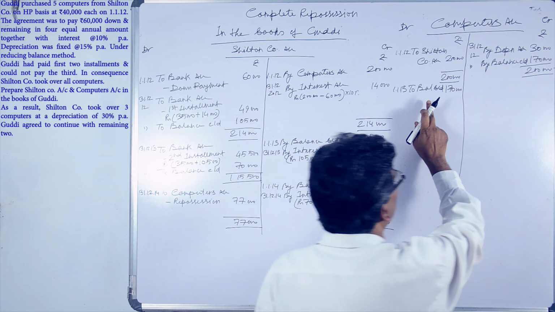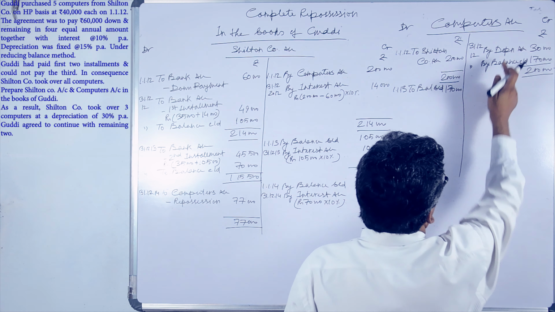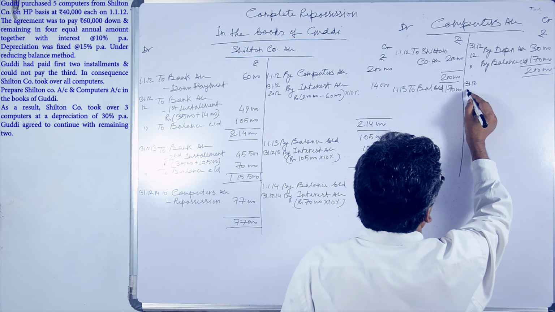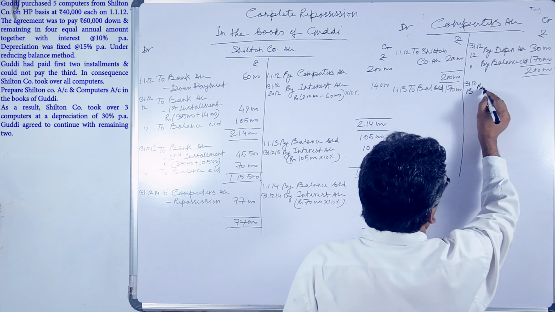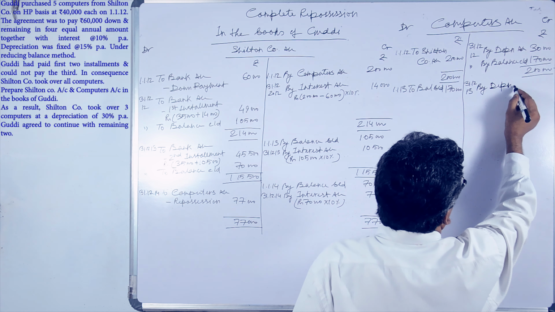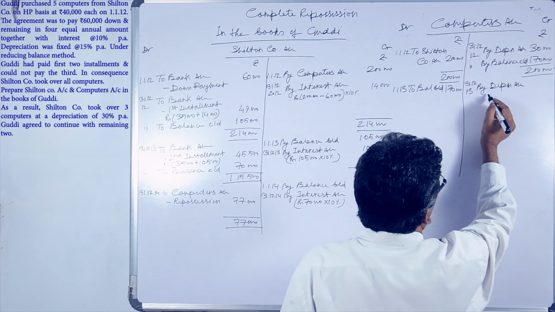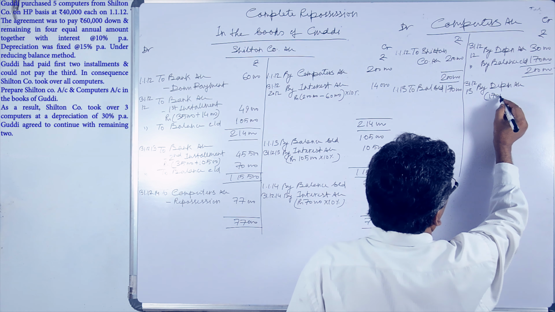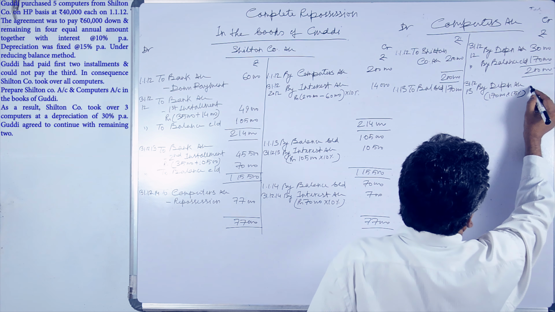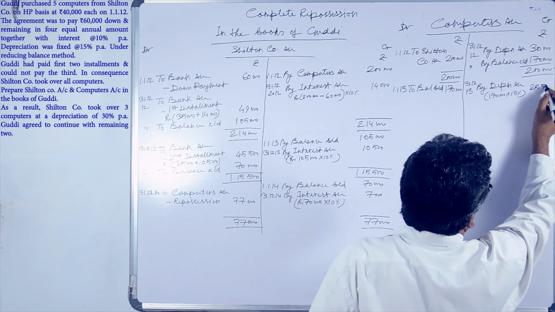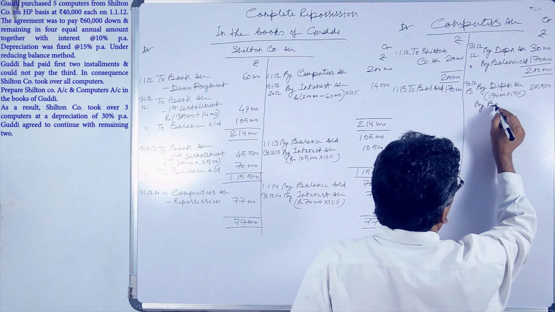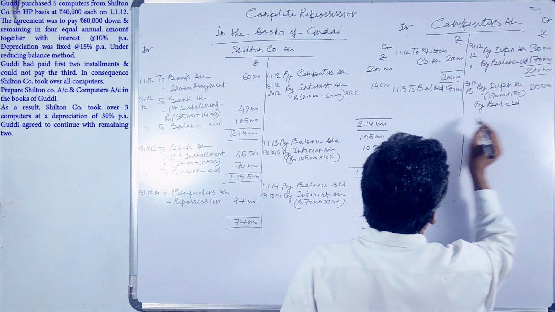Some abbreviations like balance, like depreciation, I am writing in this way. 31/12/2013 by depreciation account, 15% on 1,70,000. You can calculate also, you can show the calculation, no problem. It is 25,500 and the balance is to be written this way, balance C/D.